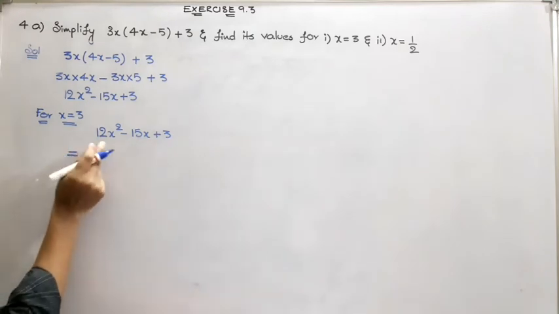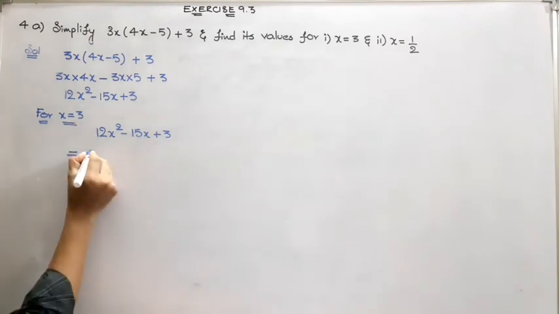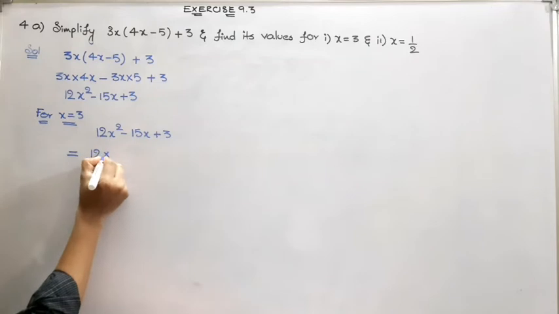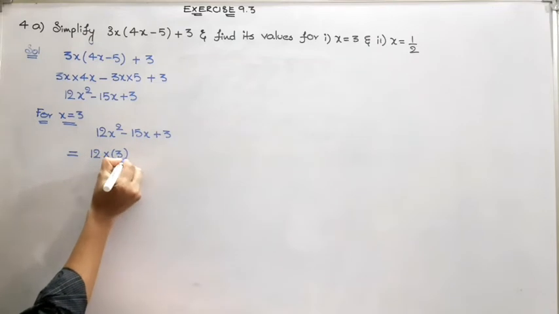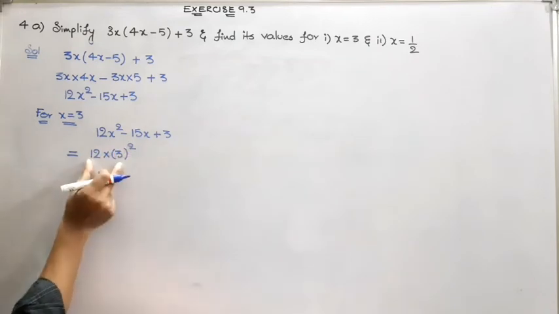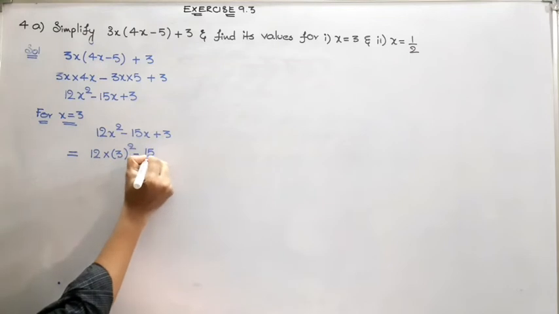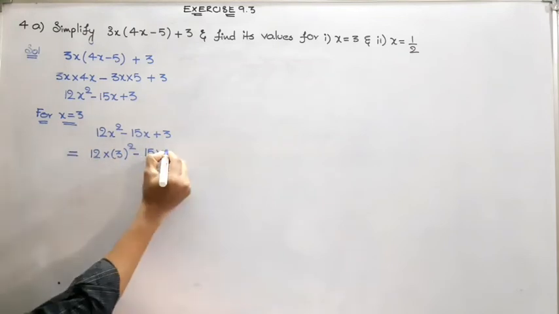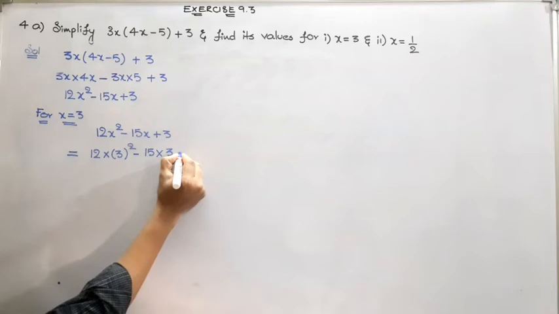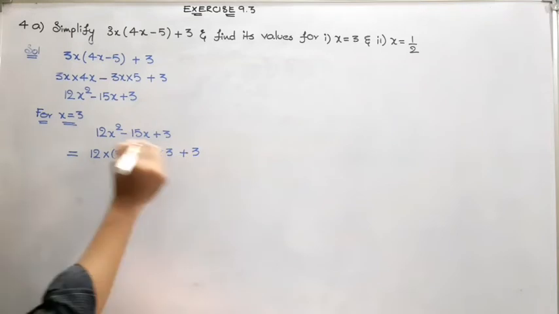So substitute the value of x as 3. So 12 into 3 square, for your clear cut understanding, I am writing like this, minus 15 into 3, because we have x here, plus 3.